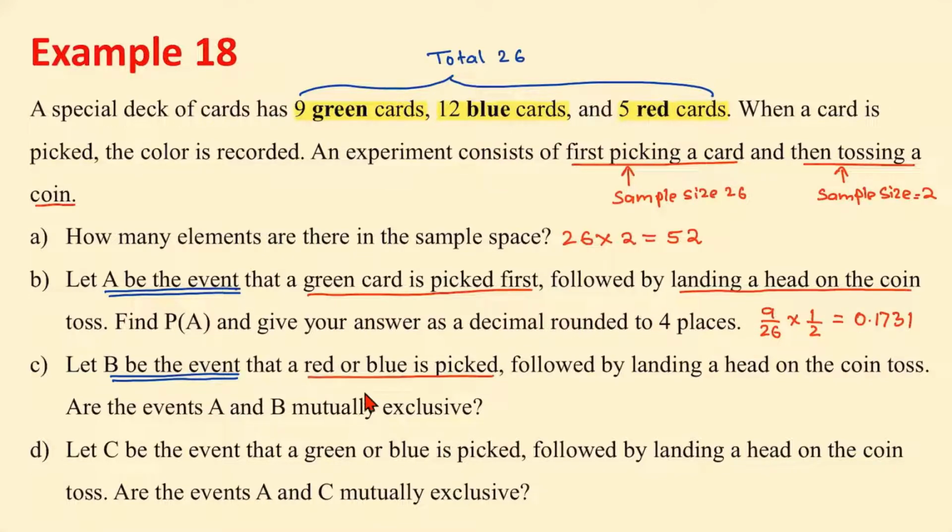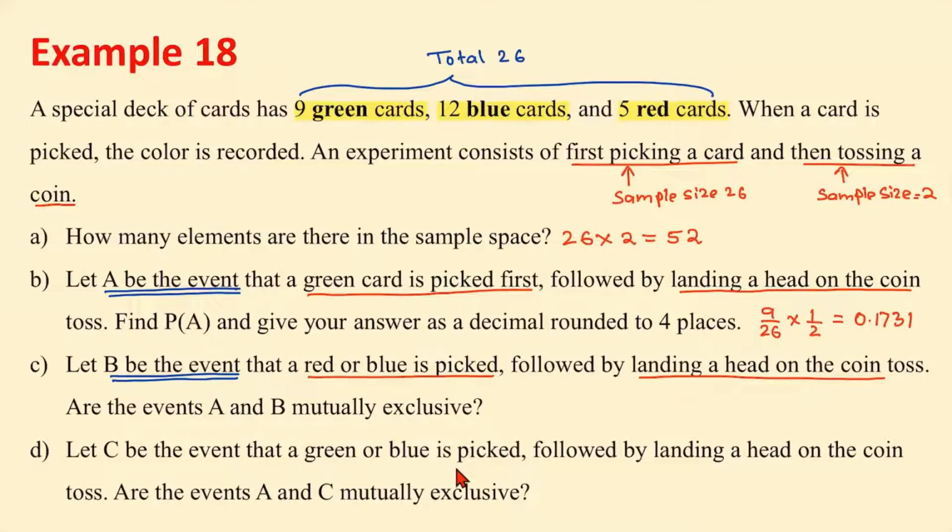See, if you look at the card, we are talking about red or blue, not green card. This time red or blue is picked, followed by landing a head on the coin.